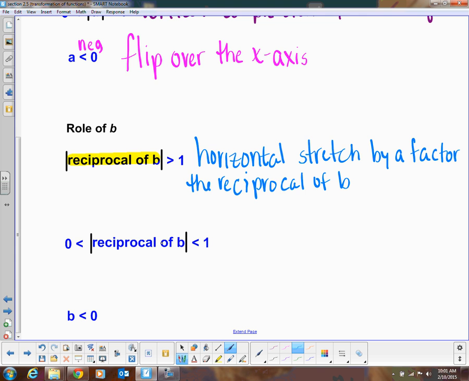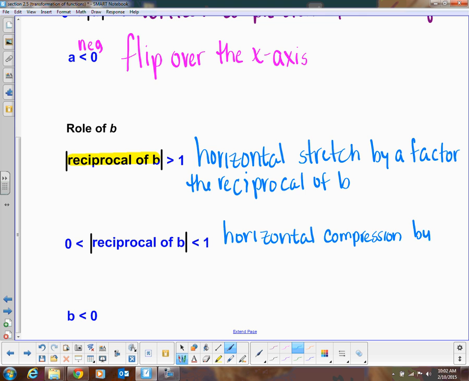If that reciprocal of B is between 0 and 1, then we're going to have a horizontal compression, meaning that it is moving closer to the y-axis.